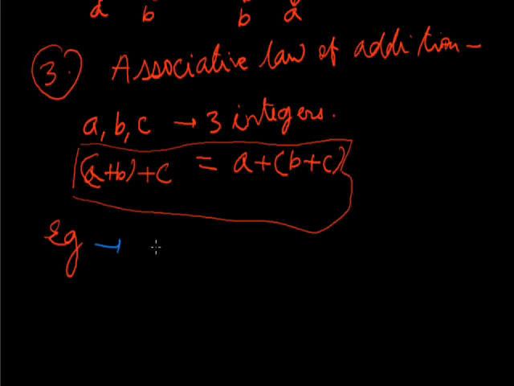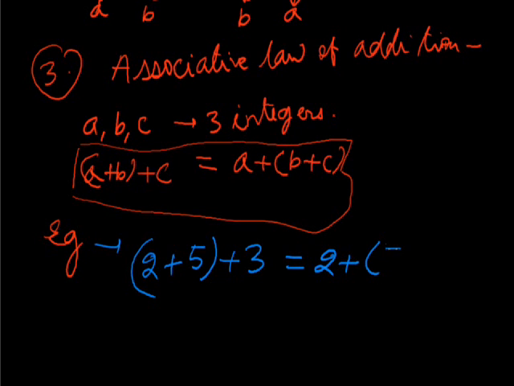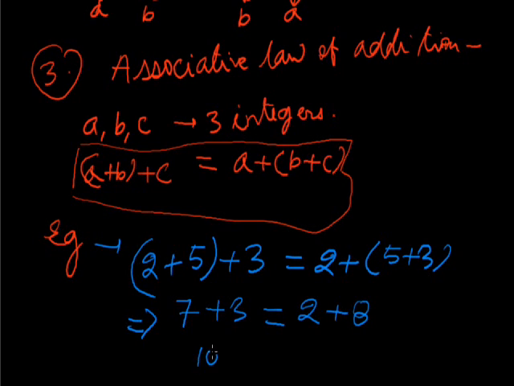For example, we add 2 plus 5 in a bracket and outside we add 3, which is equal to 2 plus bracket 5 plus 3. The answer will be the same: 5 plus 2 gives us 7 plus 3 is equal to 2 plus 8 gives us 10, equals 10.